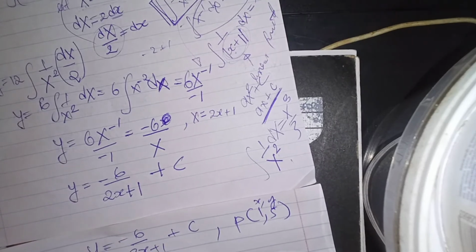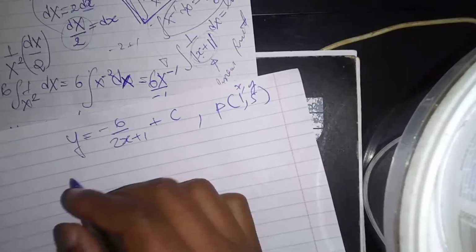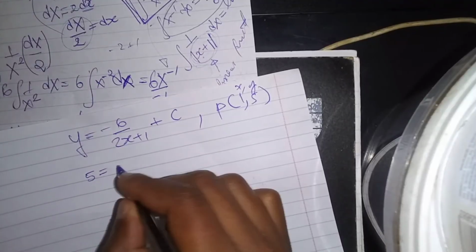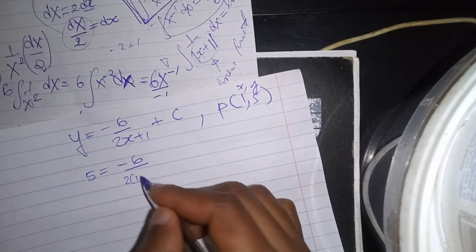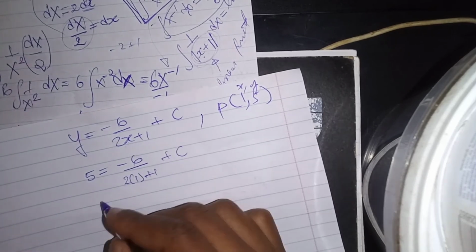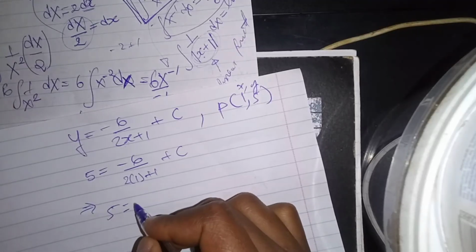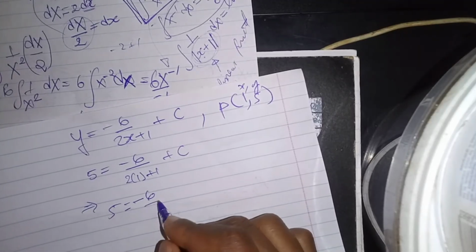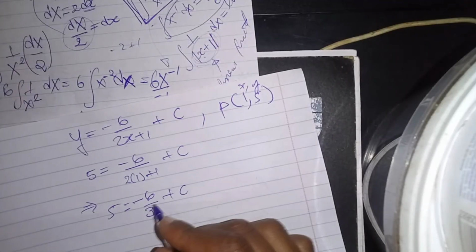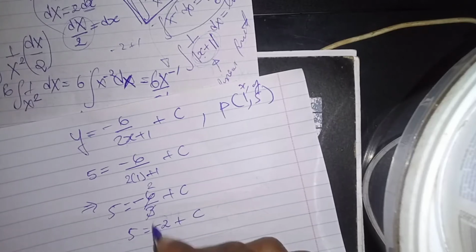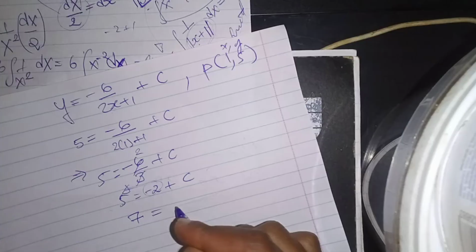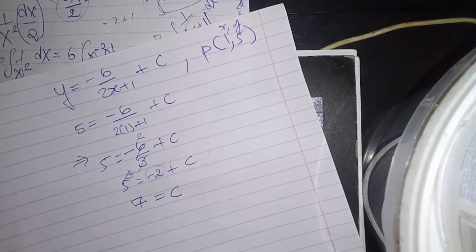So we'll use this point to find what C is. We put 5 here, and here we put 1, so it will be 2 times 1 plus 1, which is 3, plus C. So 5 equals negative 2 plus C. Take this 2 to that side, so 5 plus 2 is 7. So our C is 7.